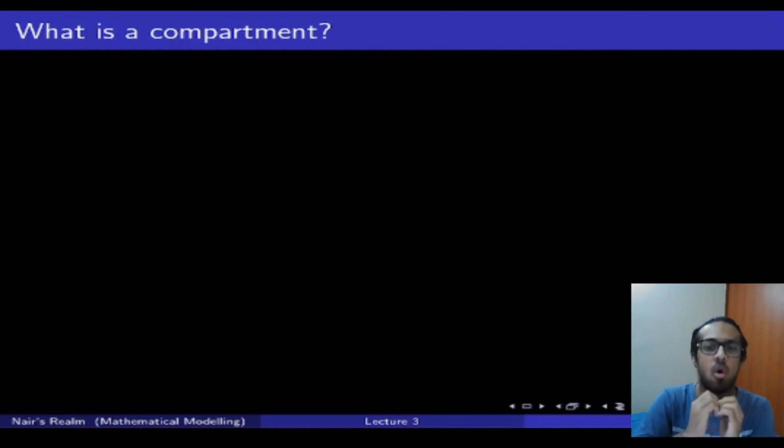If I'm only modeling something in my college campus, that can be thought of as a compartment. And any person entering my college campus will be an external person entering my compartment. And anybody leaving my college campus will be a person leaving the compartment. So a compartment is somewhat like a closed off environment that is essentially what we are dealing with. That is the scope of our model.